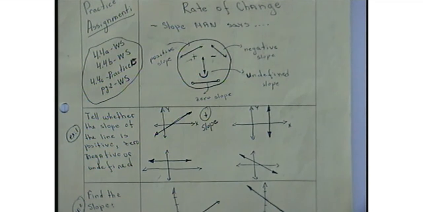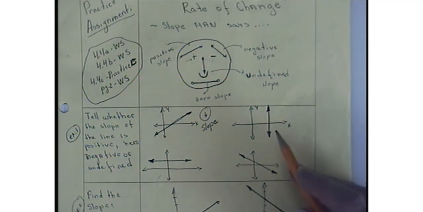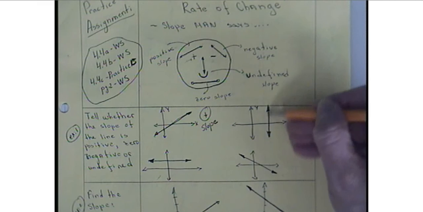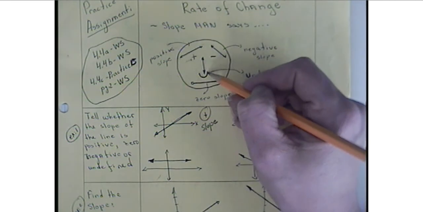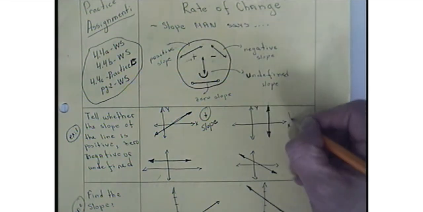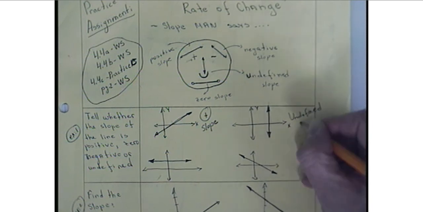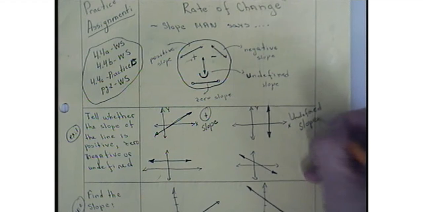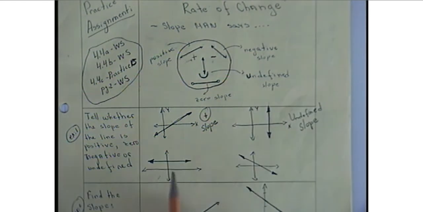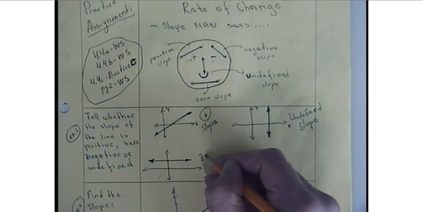Okay, next picture on the right, we have a straight vertical line, and some of you are probably already thinking this is what we call undefined slope. Down here, with the straight horizontal line on the coordinate plane, we have what is called zero slope.